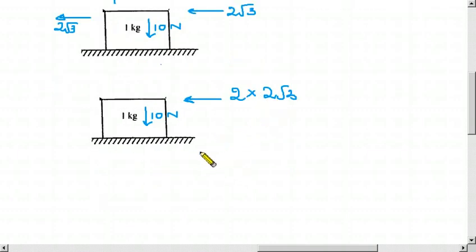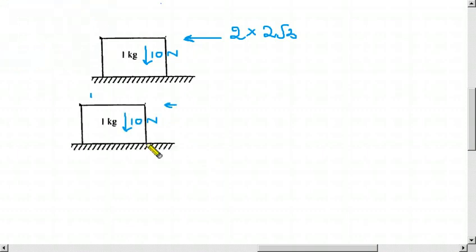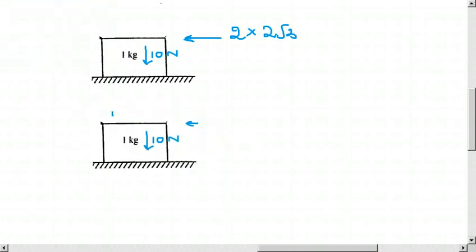Then four times root 3, this way. So let us now find out the reaction R, the perpendicular reaction, that is equal to 10. So let us find out the friction.